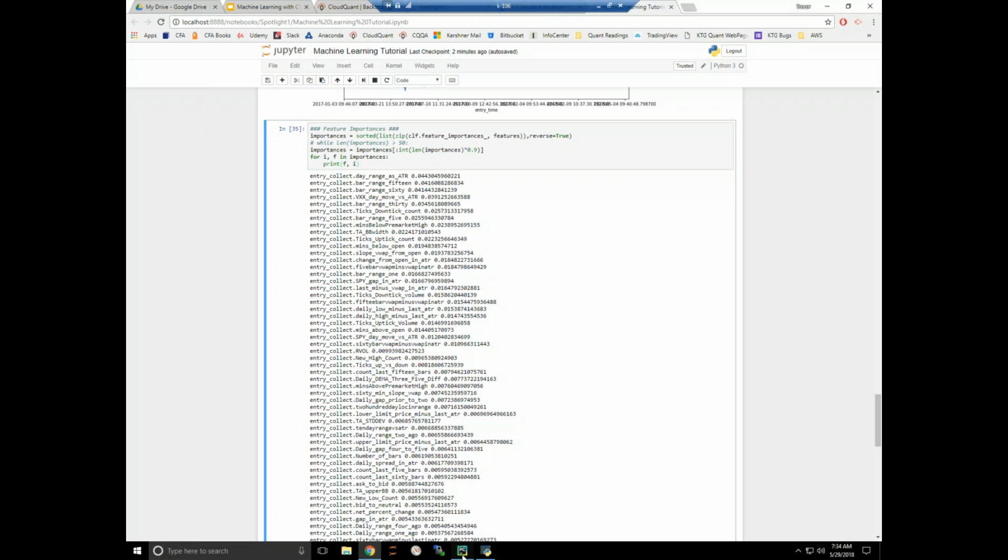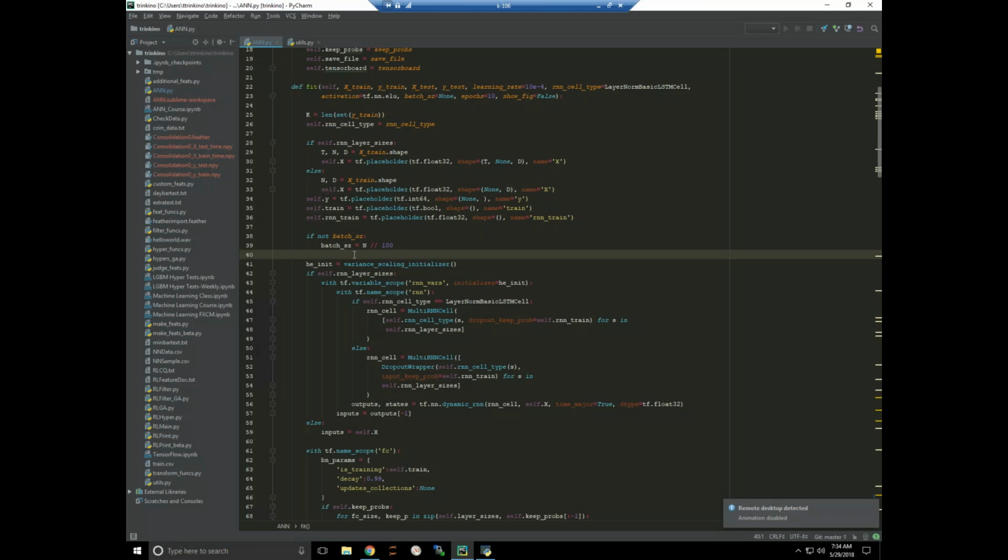And then specifically what an LSTM cell does is, it's short for long short-term memory, and it is a type of recurrent net which has been used previously for a lot of voice and speech recognition and natural language processing, because it can learn the concept of time, and it has these different gates within it that basically allow it to remember and forget as it's moving through the time series. So if you have a time series of say 100 bars, it can learn what was going on in the first 5 bars and carry that information all the way to the last bar.